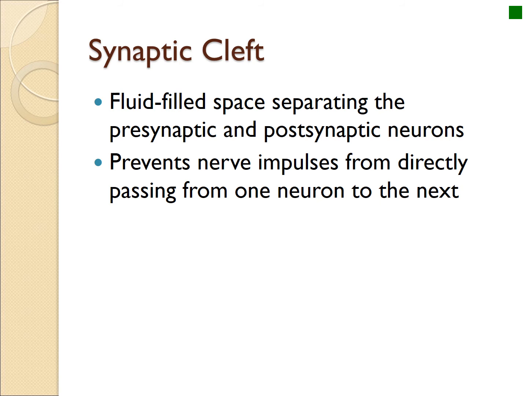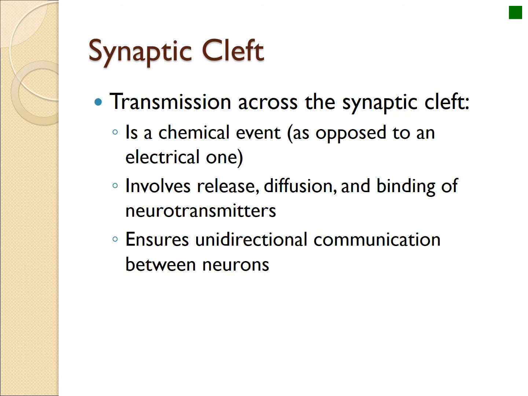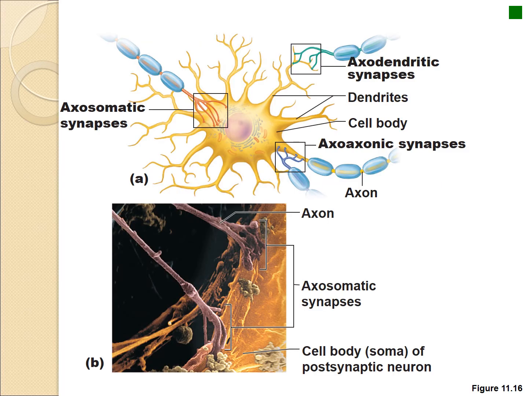And this fluid is a very small cavity. What it does is it allows chemicals in it to diffuse from presynaptic to postsynaptic neurons and allows what's called unidirectional communication. And you'll see this in a minute. So how do neurons connect to neurons?